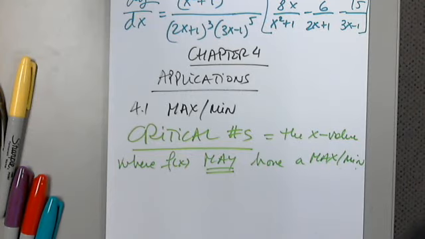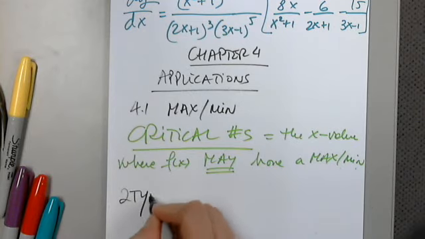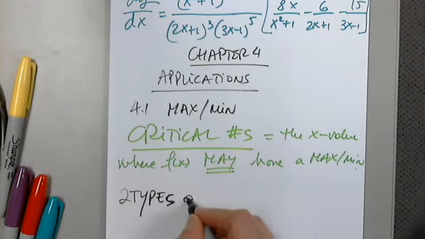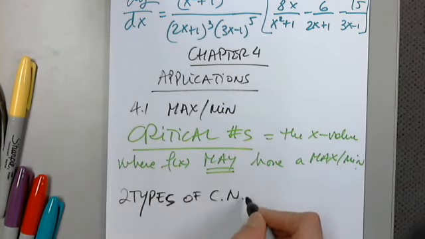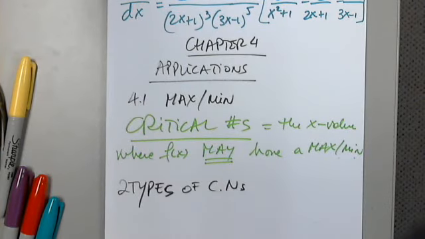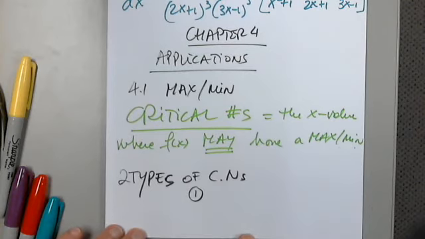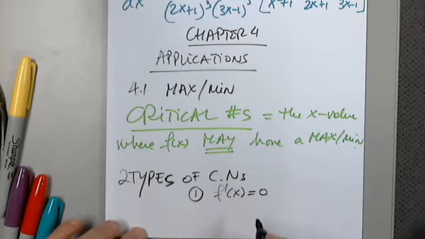Okay, what type of critical numbers are there? Two types. Two types of critical numbers. One type of critical number comes from f prime of x equals 0. Why?